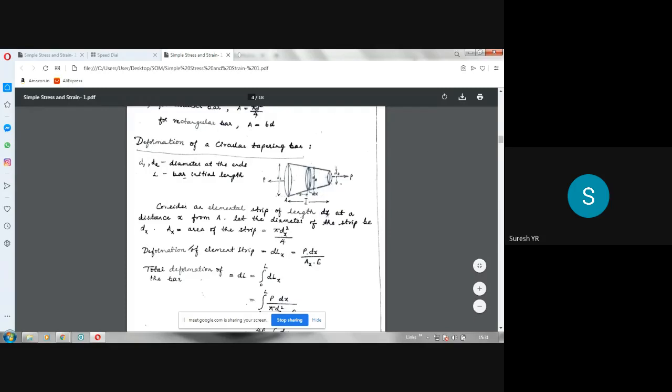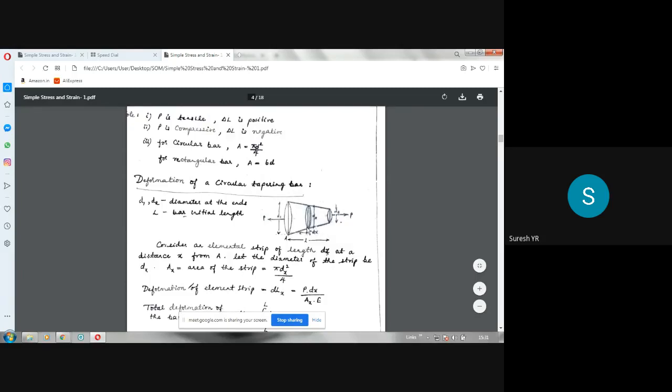So DLX is for this small length. It is given by PL by AE. Here L becomes dx, divided by A becomes AX, because I am taking the area here, into E. E and P are the same, because this P is acting here also, here also. At all the points, the force is P only. So P into dx, divided by AX into E.